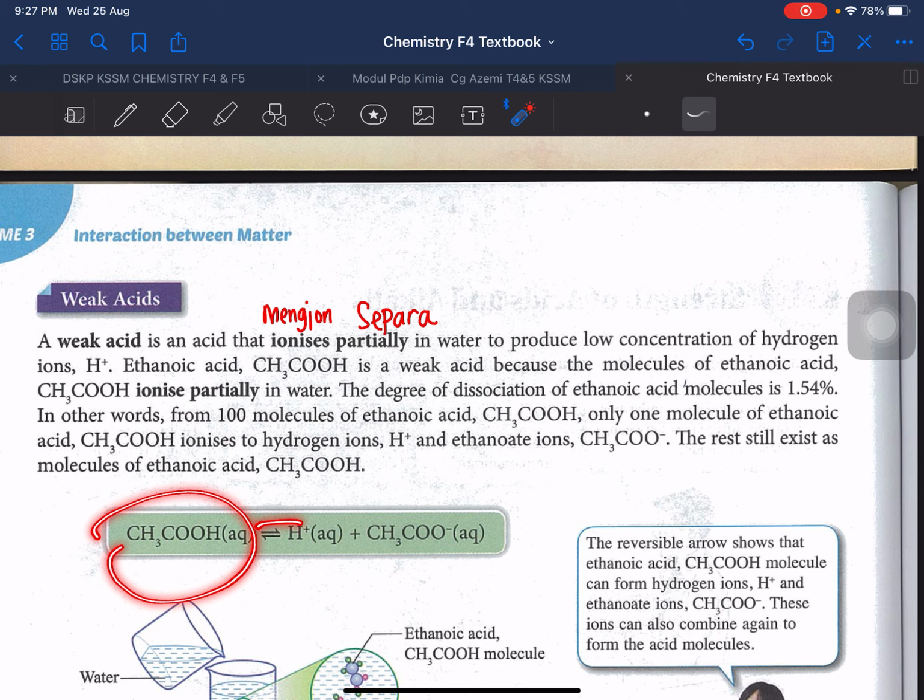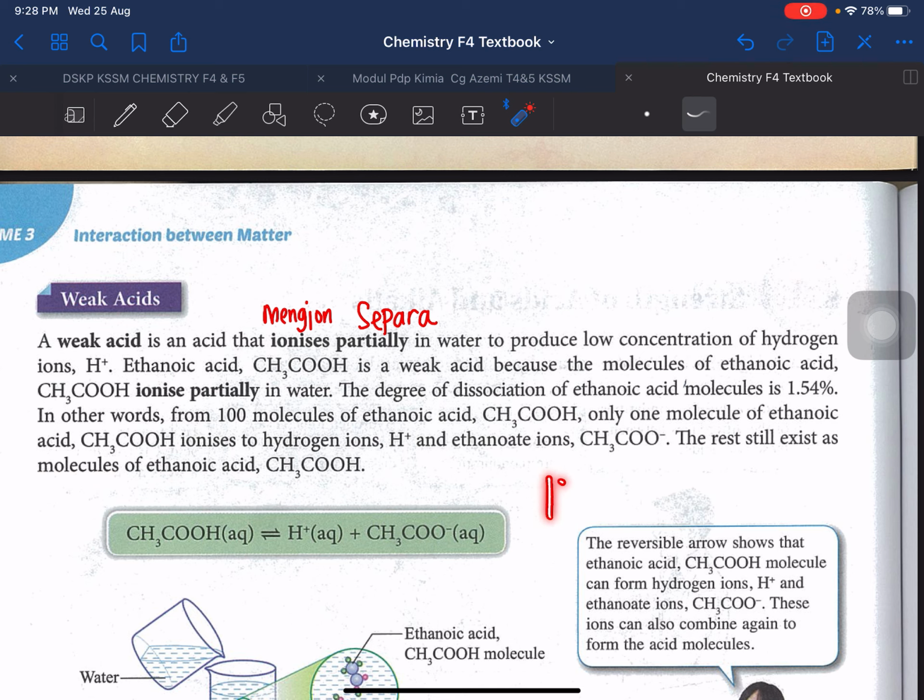Separa saja dia akan mengion. The degree of dissociation of ethanoic acid molecule is 1.54% saja. In other words, daripada 100 molecules of ethanoic acid, only 1 molecule of ethanoic acid ionizes to hydrogen ion and also ethanoate ion. The rest still exist as molecules of ethanoic acid. I hope you understand that.